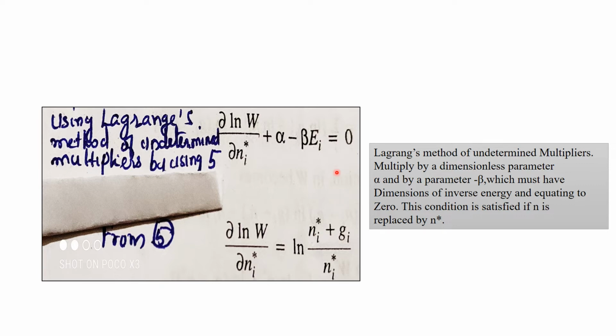Using Lagrange's method of undetermined multipliers, by using equation 5, we get dou ln W by dou Ni star plus alpha minus beta Ei, that is equal to 0. From equation 5, dou ln W by dou Ni star is equal to ln (Ni star plus Gi) by Ni star.